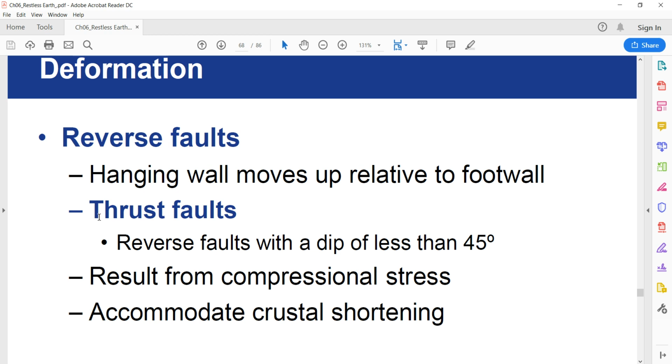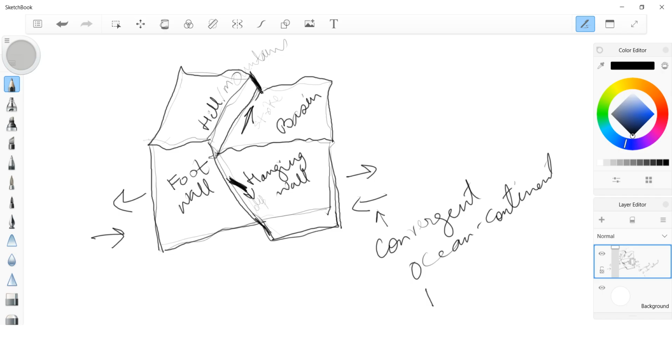So a thrust fault is an extreme case of reverse fault. It is a type of reverse fault, but if you look at this angle, if it is more than 45 degrees, then it is just a reverse fault. But if it becomes less steep, then we will call it a thrust fault.